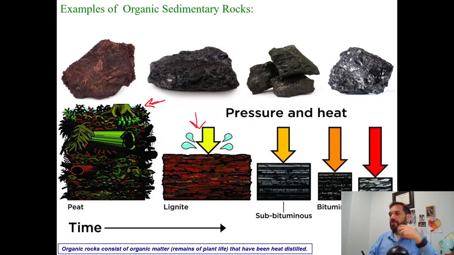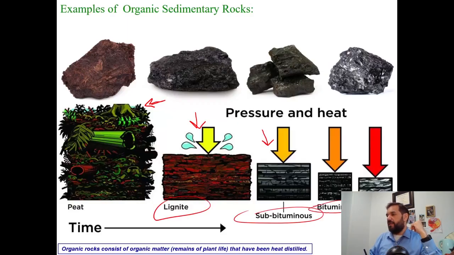Heat and pressure start to squeeze out the more volatile elements, and over time we get various grades of coal. The first grade, the quote-unquote dirty coal, is lignite right there. Then we get subbituminous, bituminous, and finally anthracite coal. Anthracite coal is kind of the clean coal. It's almost pure carbon without almost anything else in it.